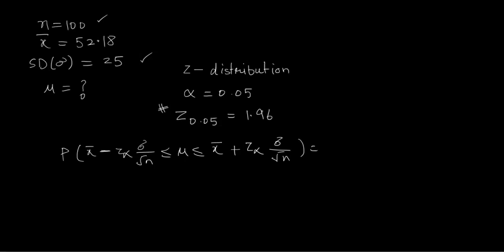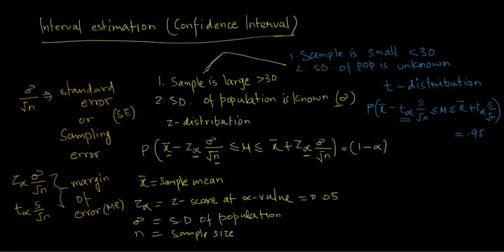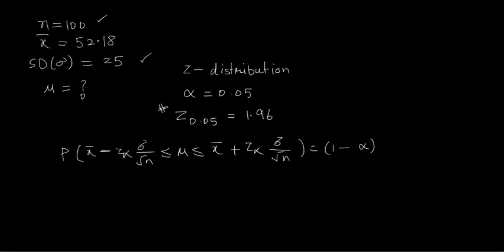Since z alpha is 1.96, so 1 minus alpha, I'm going to put it up here. So alpha is, okay, let me just check one thing. Yes, I did it. So let's go ahead and solve it. I know my values.